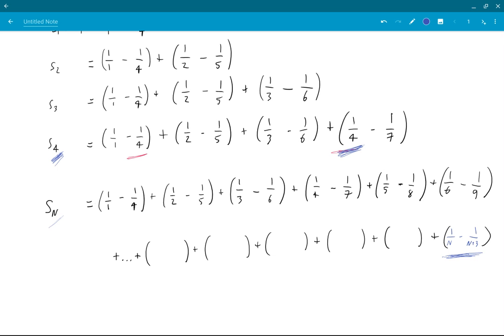Let's look at S4 again. If I start at the end here and move backwards, I subtract 1 from 4 to get 3. And I subtract 1 from 7 to get 6. So my next term down here is going to be 1 over N minus 1 minus 1 over subtracting 1 from N plus 3 gives me N plus 2.